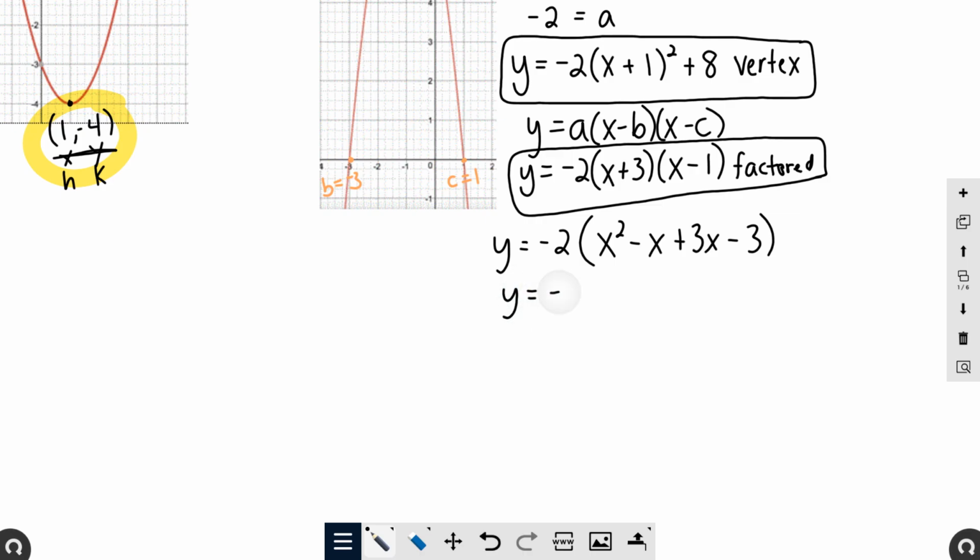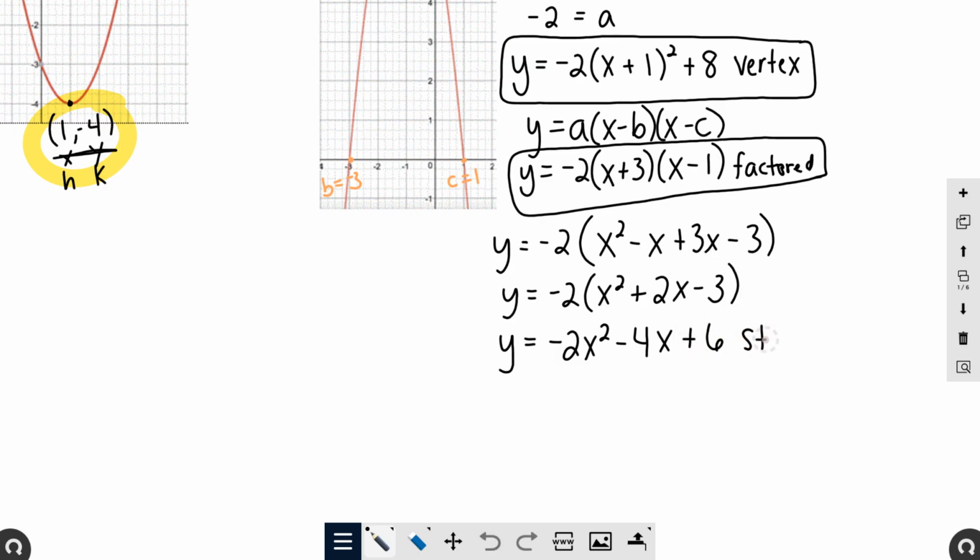Combine your like terms, and then distribute. So -2x squared minus 4x plus 6.